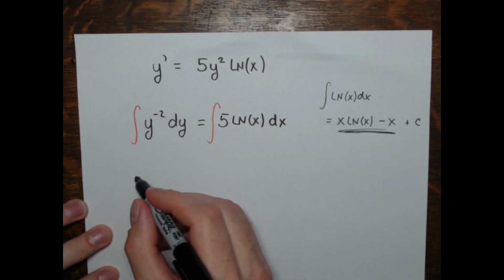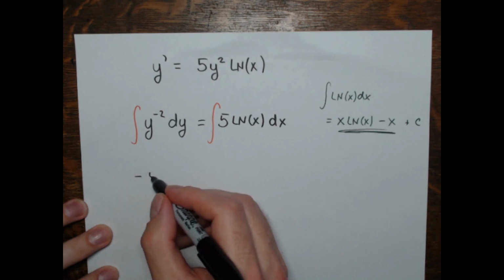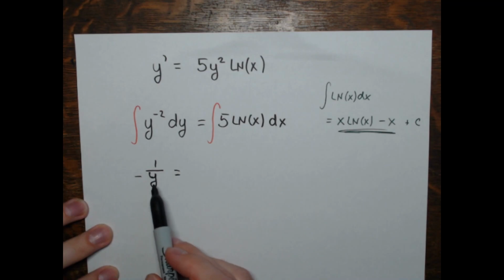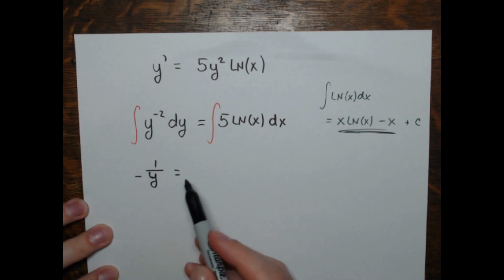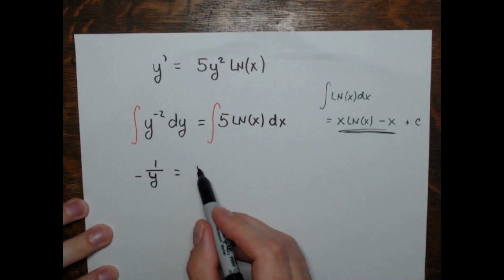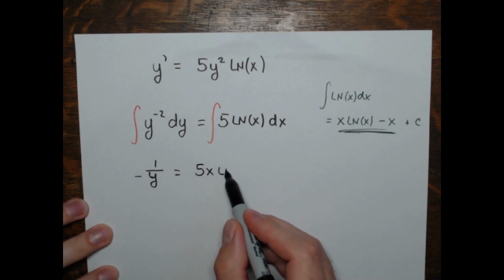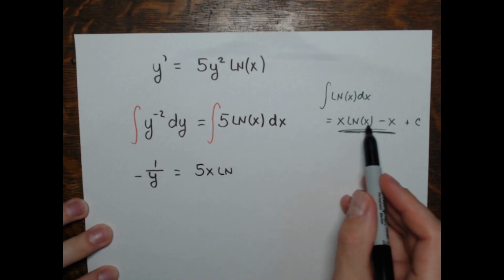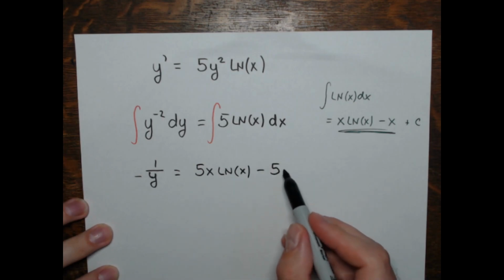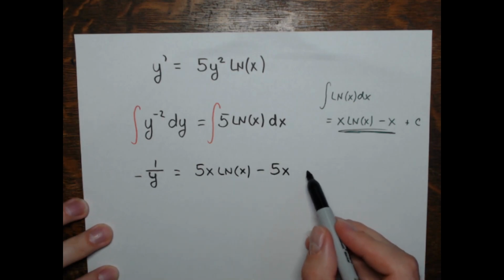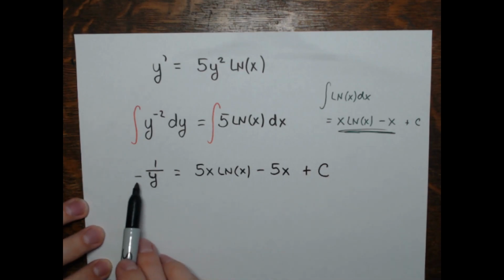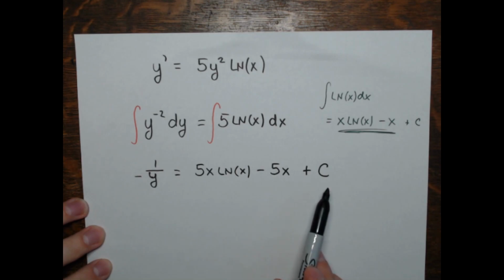All right, so left side would be negative y to the negative first, so negative 1 over y, equals 5 times this, so 5x natural log of x minus x. I'm just distributing the 5. So 5x times natural log of x minus 5x, and then plus some constant. I can multiply everything by negative 1.